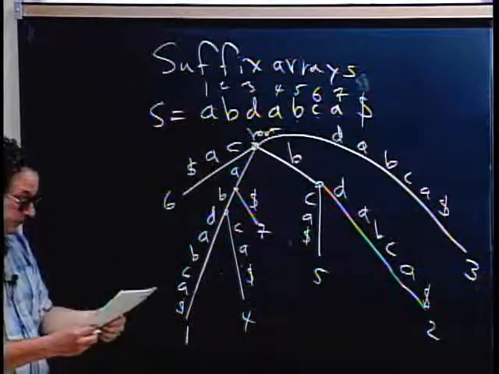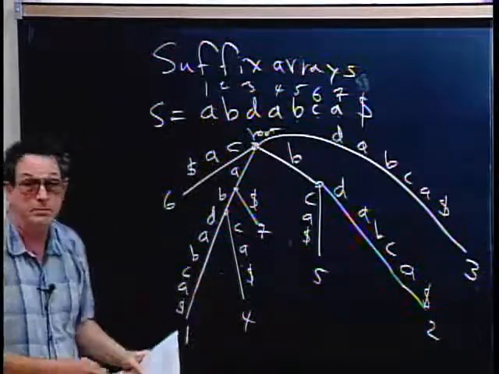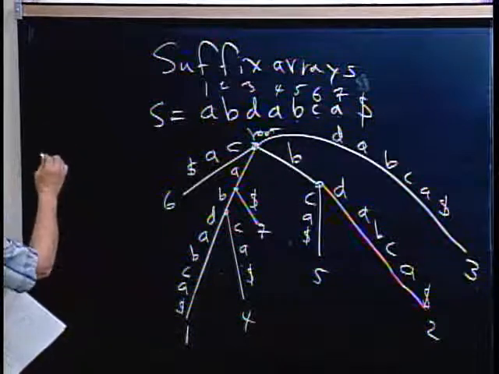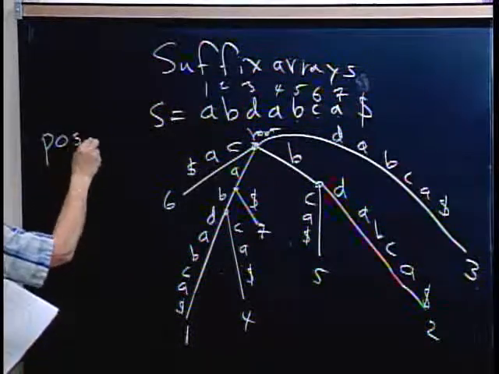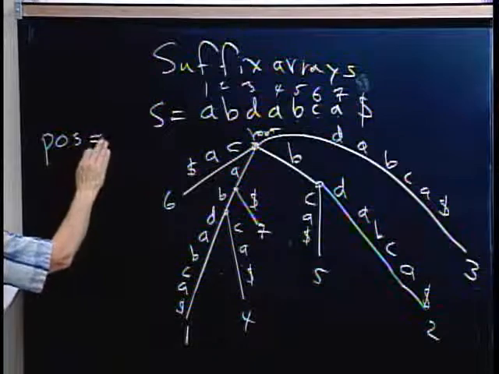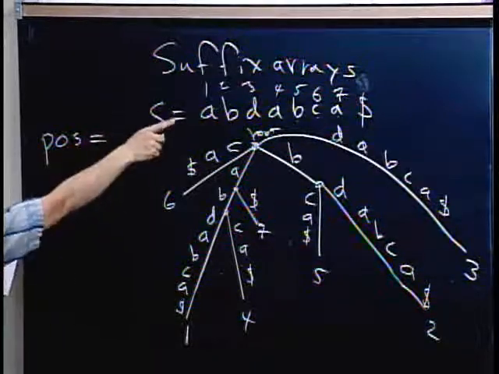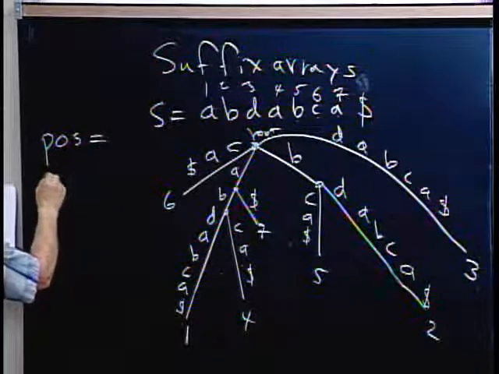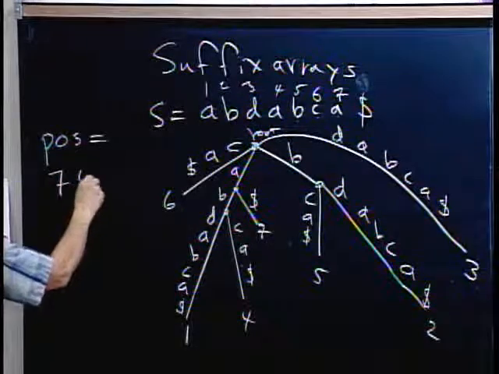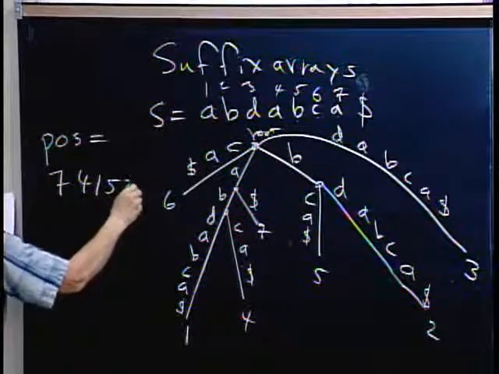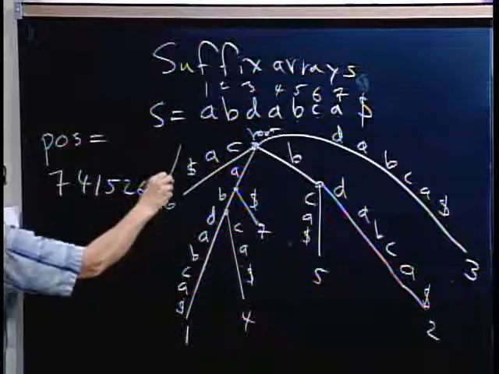So let me put this down. I want to be on the same board. The suffix array is often called pos, or position. And here's the suffix array for S. It's 7, 4, 1, 5, 2, 6, 3.